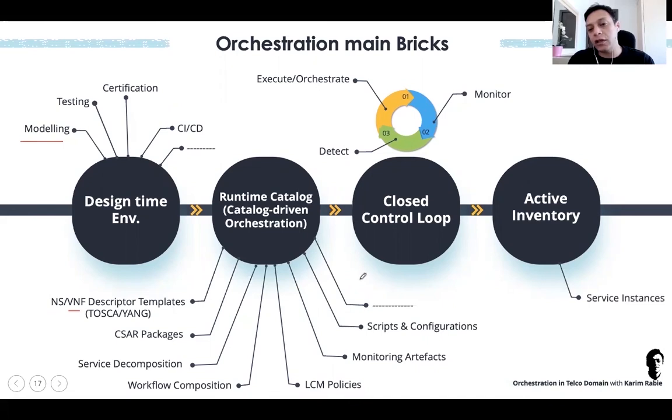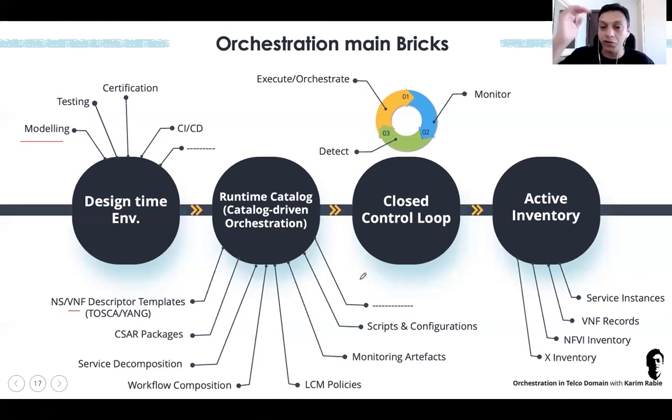That's why in the inventory, in any layer, in any orchestration, in any domain, you can see the list of all service instances instantiated, the list of VNF records instantiated, the full NFVI inventory, like data center utilization, data center capacity, how many of them, the percentage utilized and the percentage free, and any kind of inventory according to the domain, you will find in the active inventory.